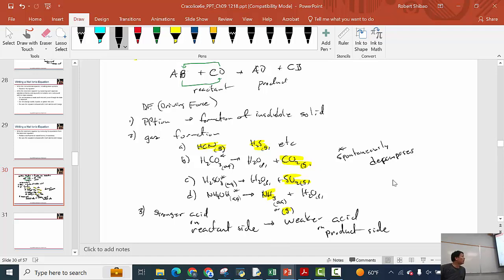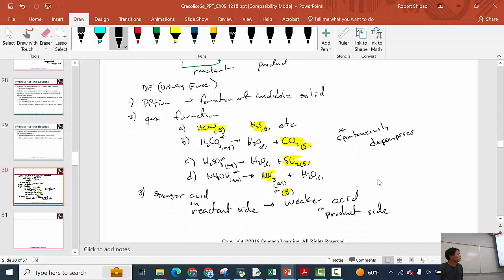Stronger acids are more reactive, less stable. So stronger acids are more reactive, less stable. Whereas weaker acids are less reactive, more stable.